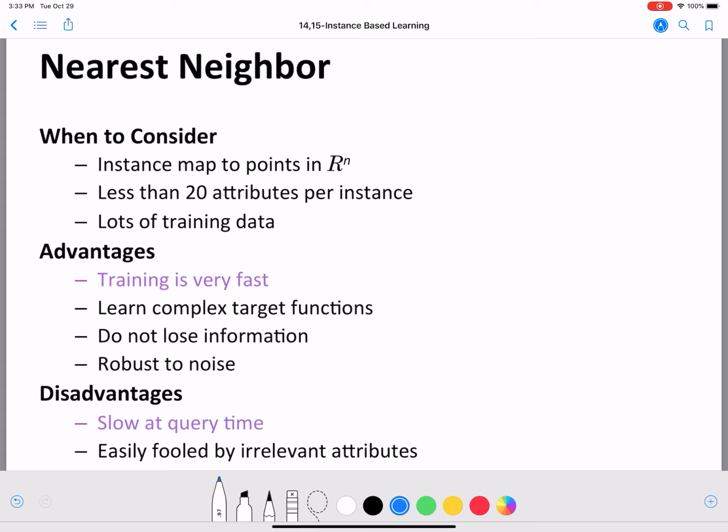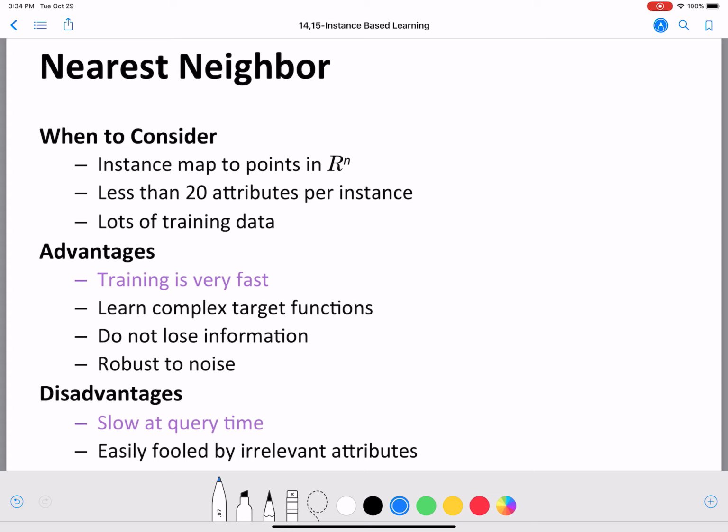So L1 is also used for feature selection, and L1 regularization is easy to add to any loss function that we have for neural networks, for SVMs, logistic regression. We could easily add L1 regularization to the functional form. But here we don't have a functional form, and hence all these attributes are used to plot the data points, and then in that space we want to perform the classification.